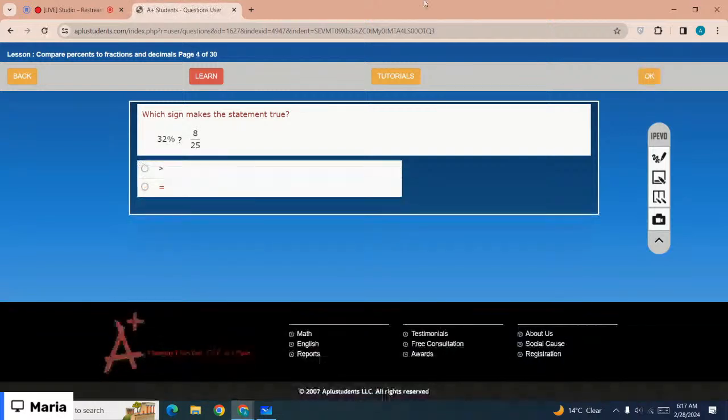Okay, which sign makes the statement true? Which is the correct option? 32% and 8 over 25.